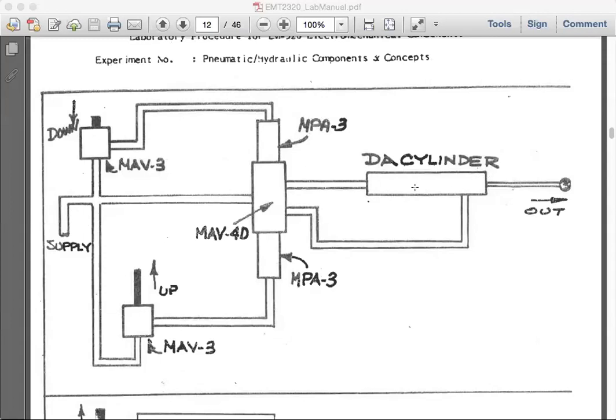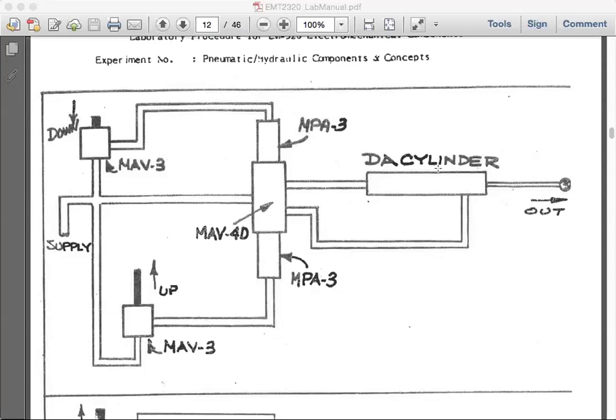In order for the piston to extend, you would need the pressure coming from the top opening. And we know that when we press down this valve, the pressure is coming right now through the bottom. So actually, the piston is returning, okay?